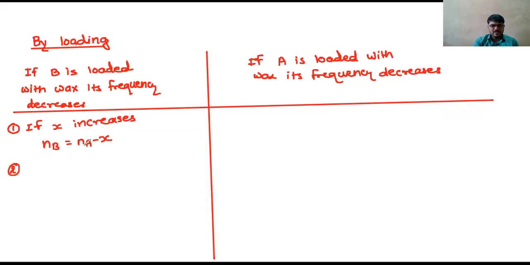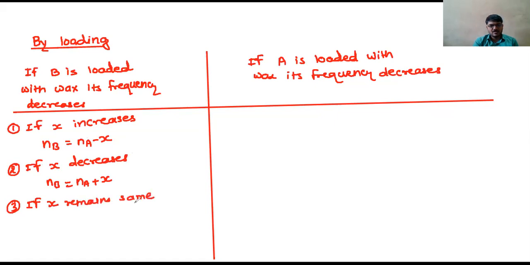Second case, now X decreases, then NB is equal to NA plus X. Third case, X remains the same, meaning the number of beats remains the same.